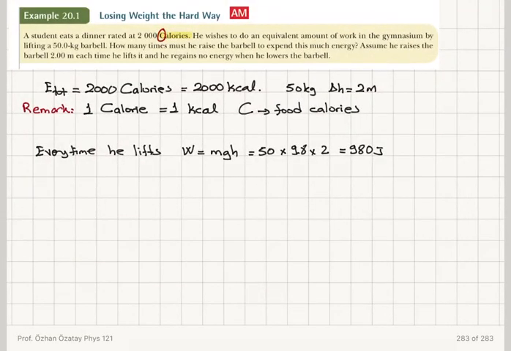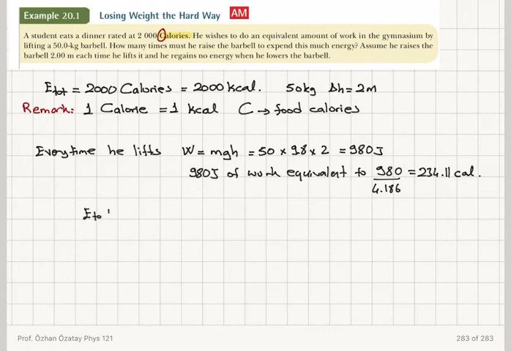So I have 980 joules of work equivalent to 980 divided by 4.186, 234.11 calories.